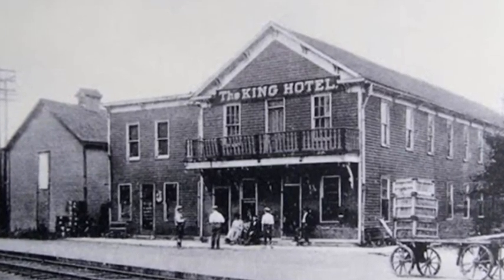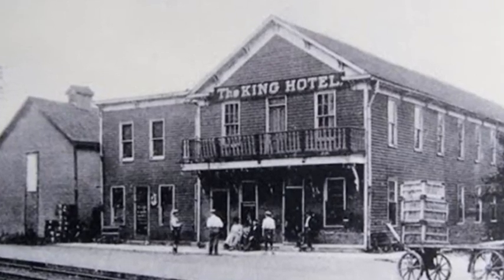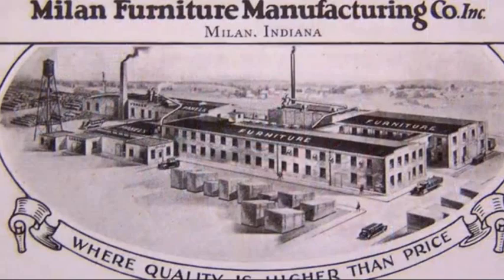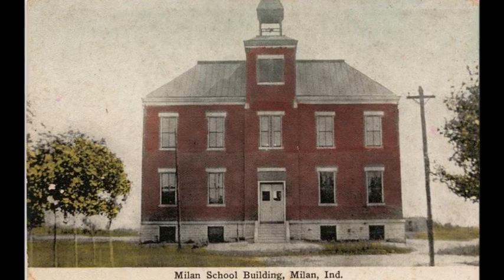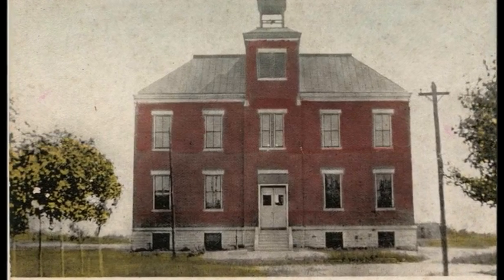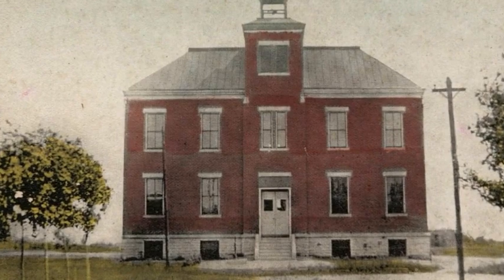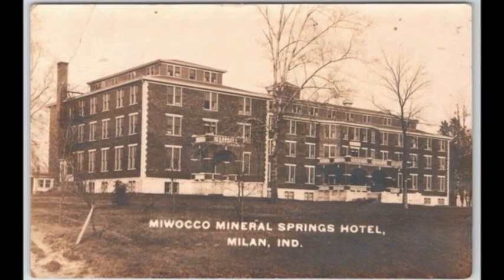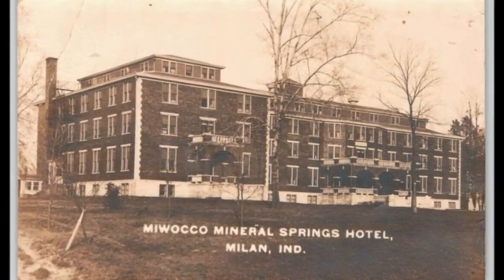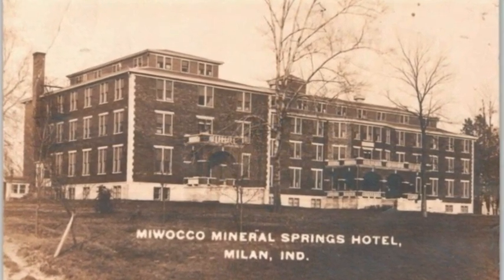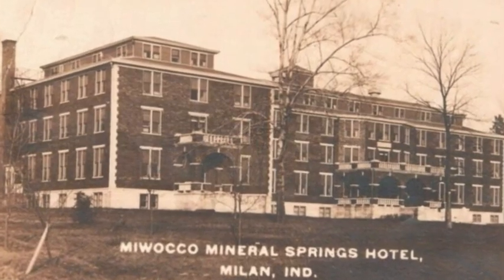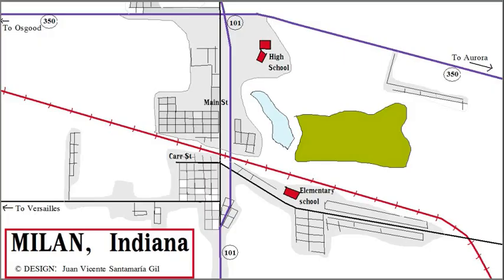There were hotels and industries like the former Milan Furniture Manufacturing Company. Business along Main and Carr streets. The railroad also allowed the people of Milan to ship goods and travel easily to the nearest big city, Cincinnati, only 40 miles to the east in the state of Ohio.